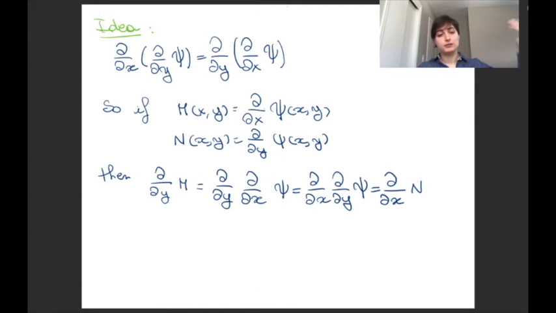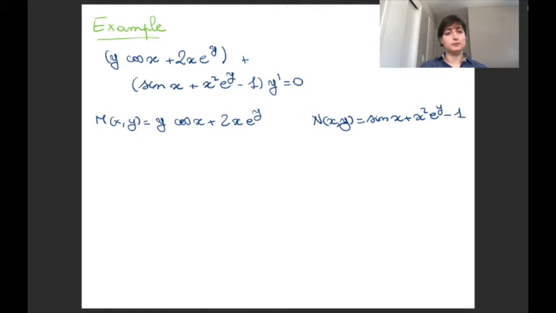So if we take the derivative with respect to y of M, this is the derivative with respect to y of the derivative with respect to x of psi, and we can invert the order of the derivatives. That is the derivative with respect to x of the derivative with respect to y of psi, but the derivative with respect to y of psi is N, so we have d over dx of N. So reading the two extrema, the derivative with respect to y of M is equal to the derivative with respect to x of N. If this is not satisfied, then obviously there is no psi. Then there is an extra step to the proof, that if this is satisfied, then psi exists. And we're not going to see that part.